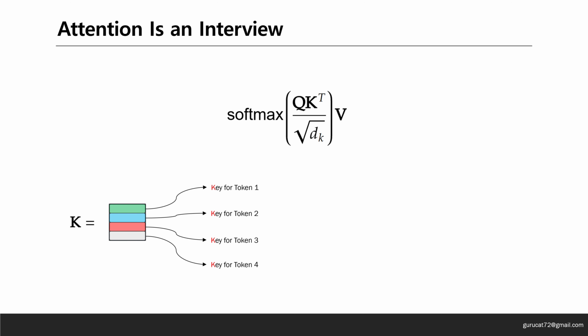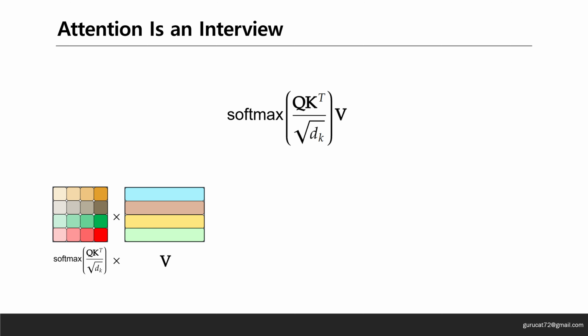That's where keys come in. Each token has a key that indicates what kind of information it offers. The dot product between a query and a key gives the relevance score between 2 tokens. Values are the actual information the model will mix together. After determining relevance through query-key comparisons, attention uses these values to compute the final output.